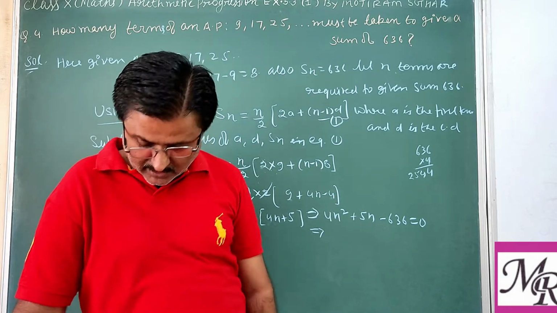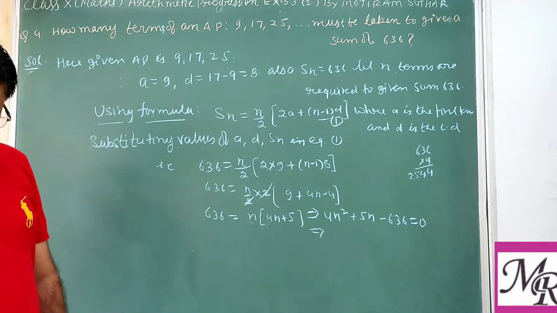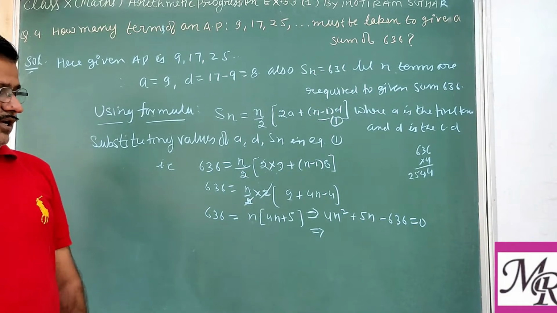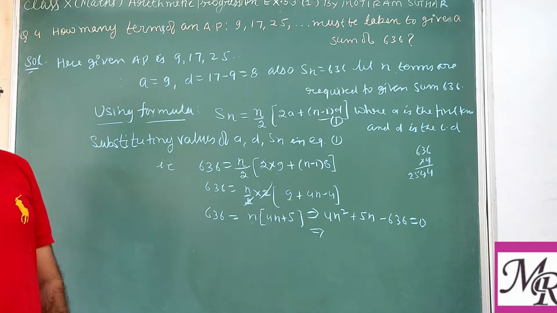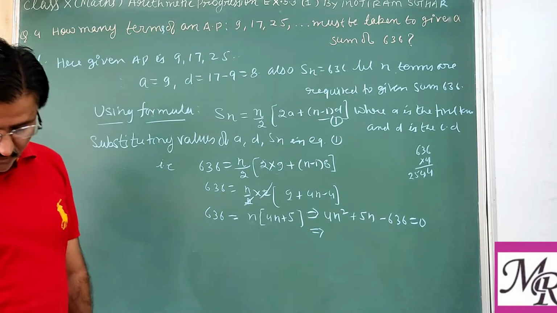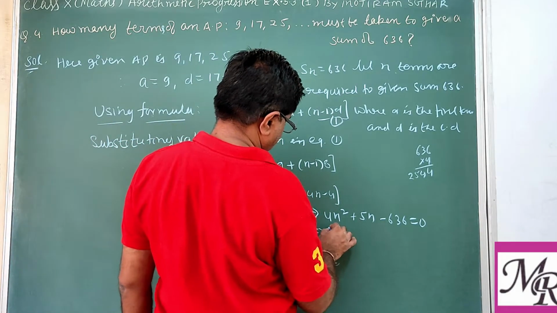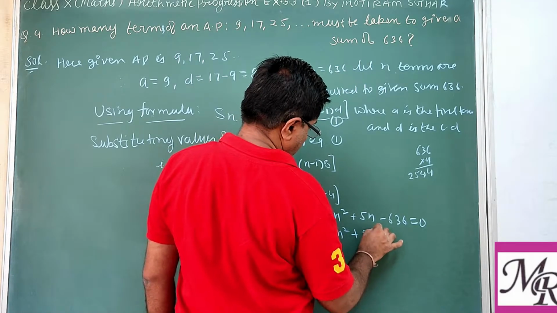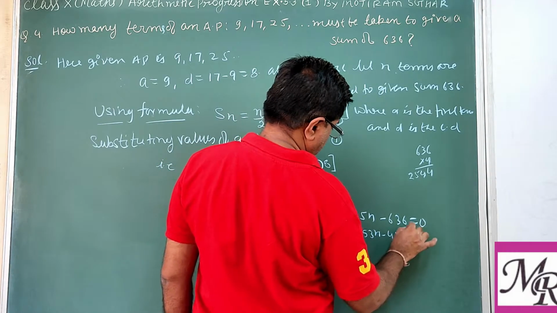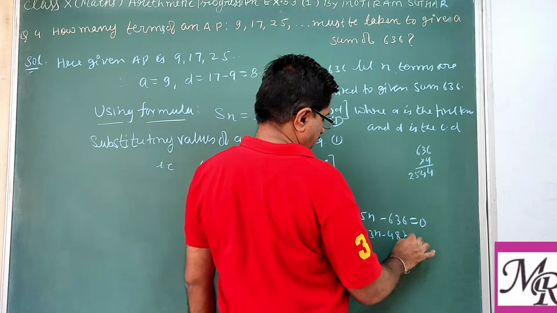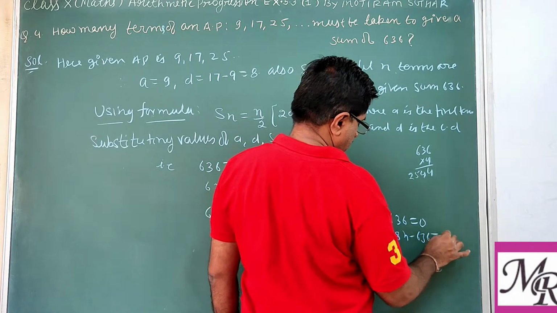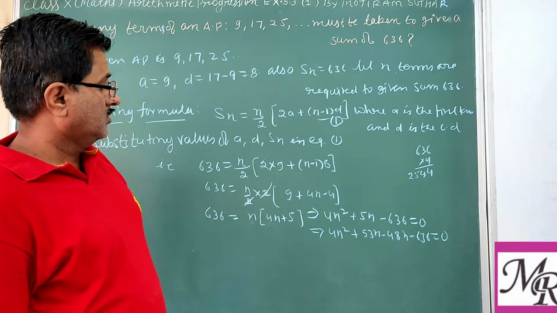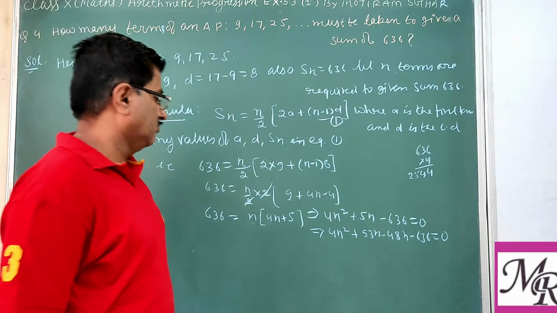Their difference is 5, you multiply and approximately you get near to this, and finally, if you see, 48 and 53 will give you the result.